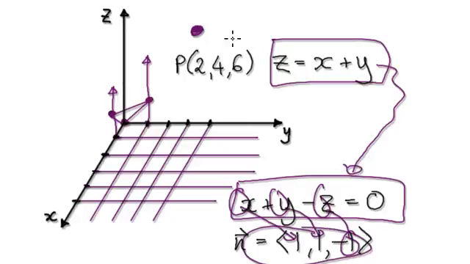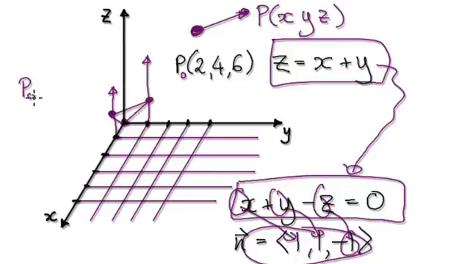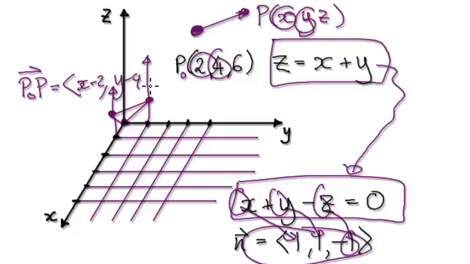Our routine would be, well, it passes through this point. Let's say this point here is P0. Then our normal routine is to set up a general point. Let's call it P, with coordinates x, y, and z. The vector that takes us from P0 to the general point P is given by this take away this, which will be x minus 2, comma, y minus 4, comma, z minus 6.